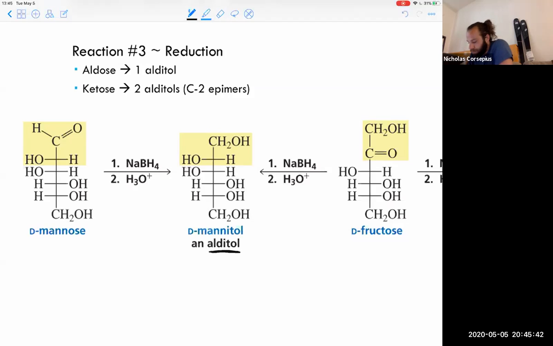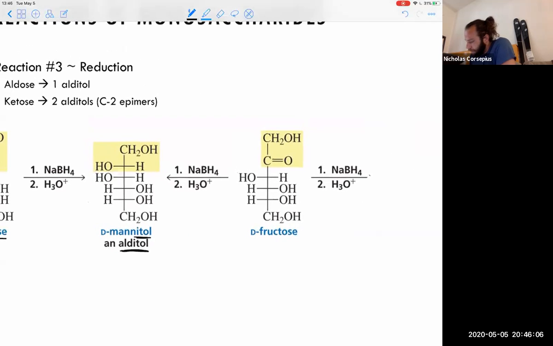It's got a special name because it's a sugar, an alditol. And notice that we went from being mannose to mannitol. Mannitol is no longer a sugar per se. It no longer has that normal carbohydrate formula, but of course it's closely related, so the name's close.